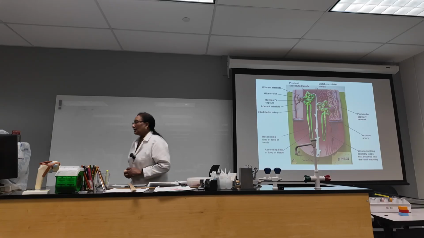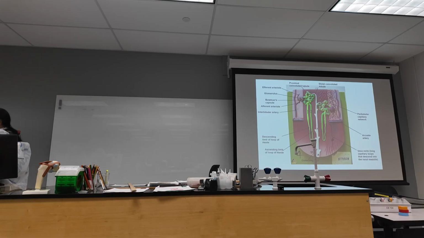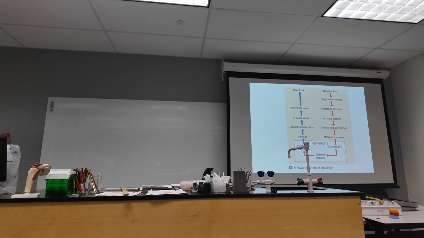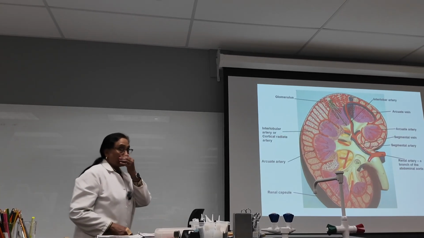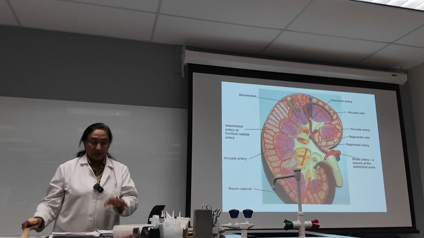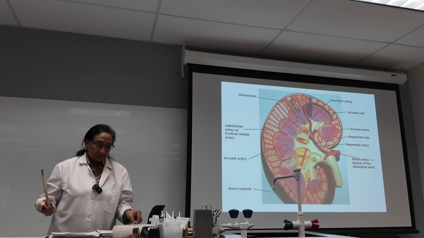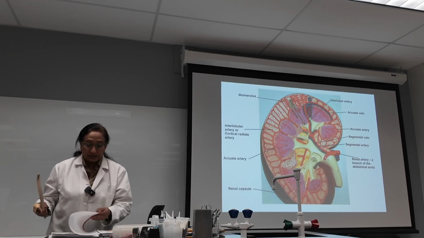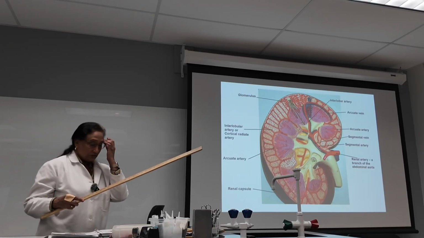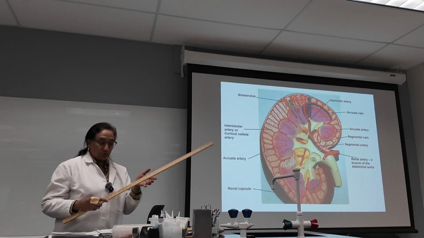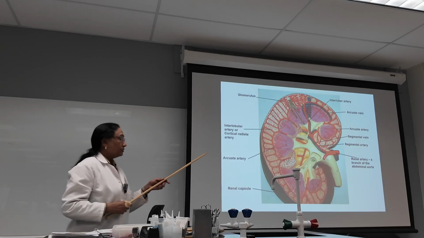Now try to look at the blood vessels. For the blood vessels, you can use that first model. Now here, this is primarily memorizing the terms. You are able to see the blood vessels on page 166 of your lab manual.